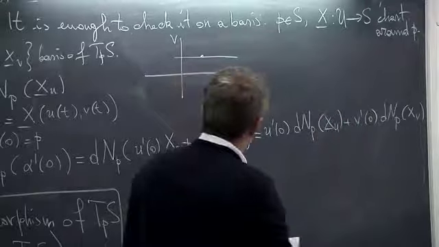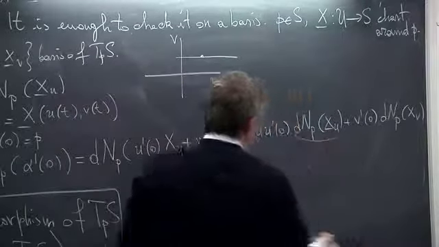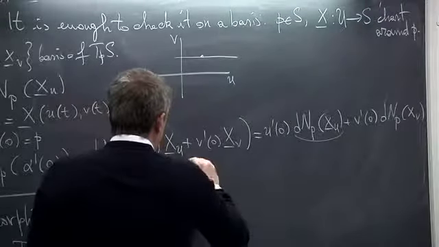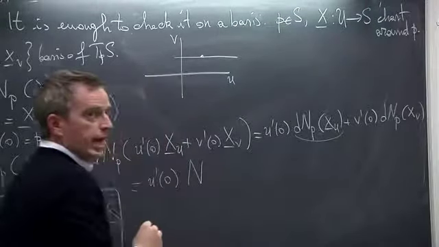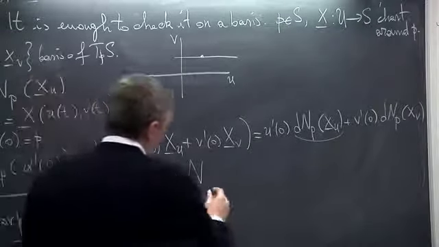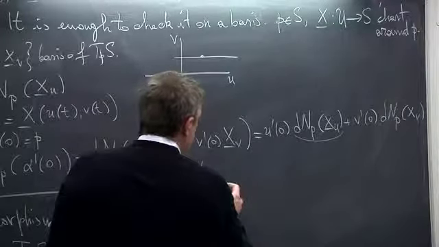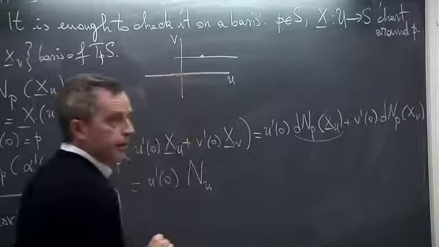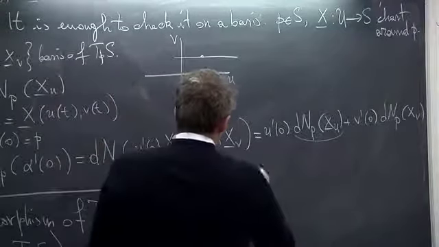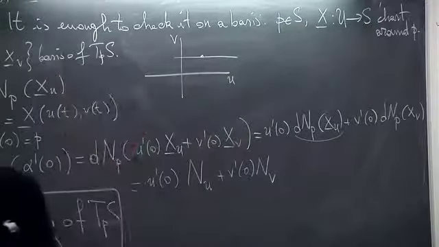Okay? Well, but that means that this object here is automatically the partial derivative of the map n. Actually, here probably should have been more nx in the language, but I'm using that mistake I was telling you: n derivative with respect to u, plus v prime 0, n derivative with respect to v.